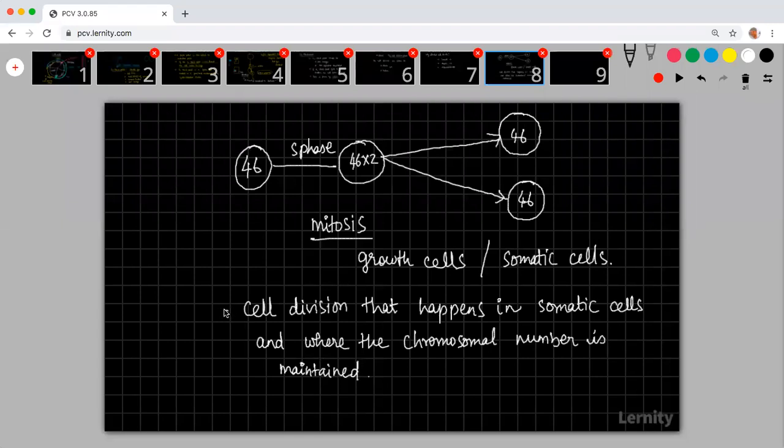Someone was asking me the definition of mitosis in one line. This is the definition of mitosis in one line. Mitosis is a cell division that happens in somatic cells, that is growth cells, and where the chromosomal number is maintained.